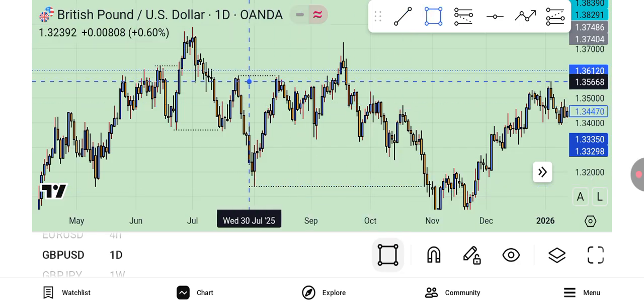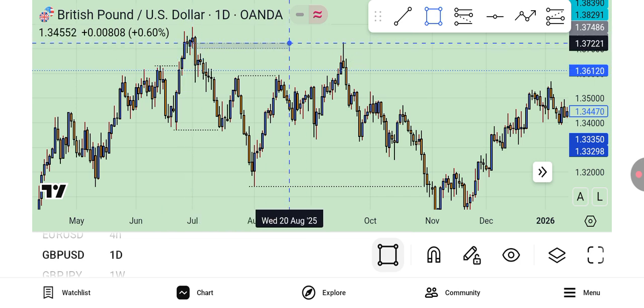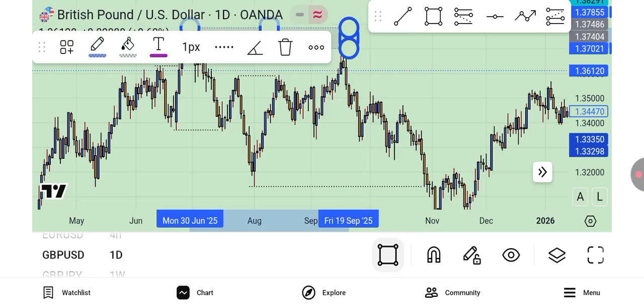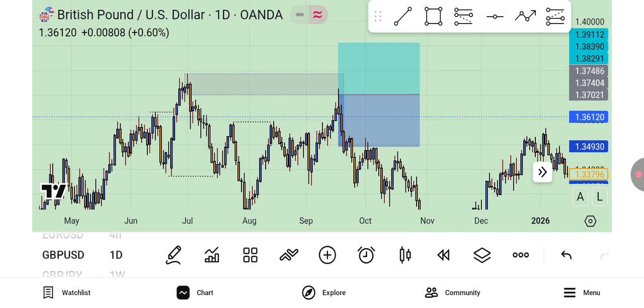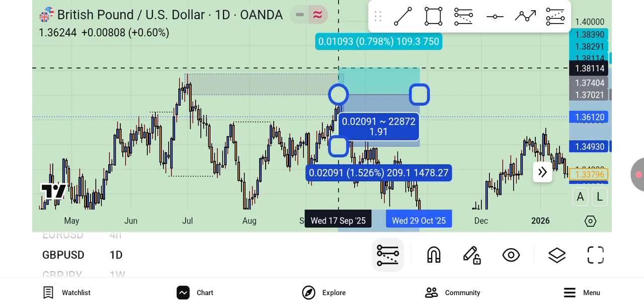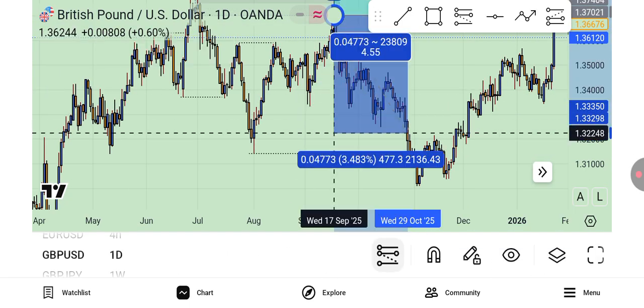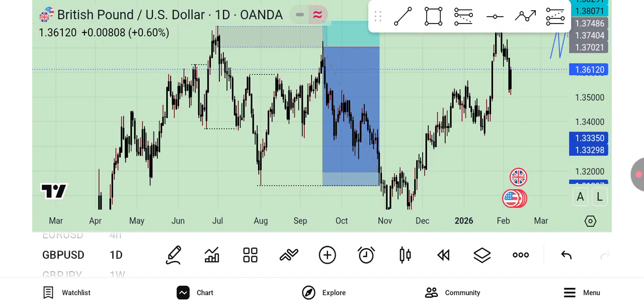My entry point will be here. Then you enter the market here, you put your stop loss above this place, and then you target this low. Can you see it?